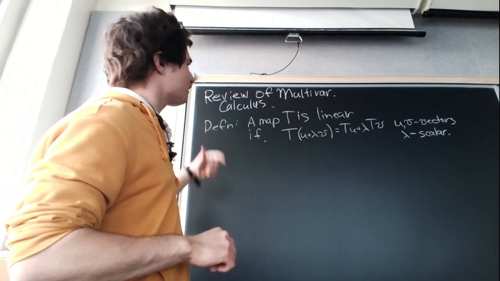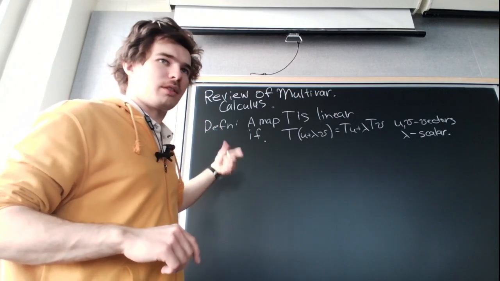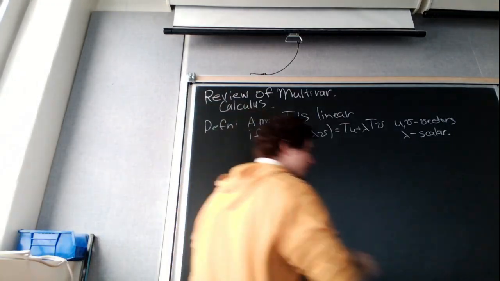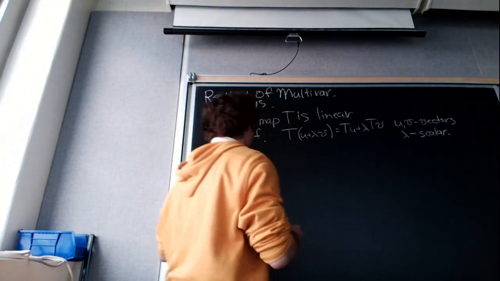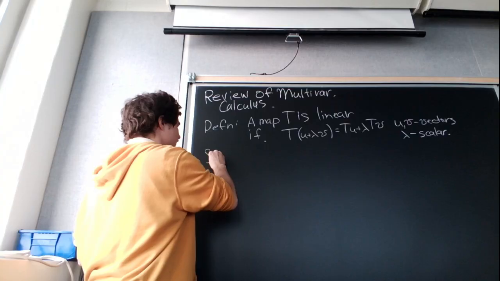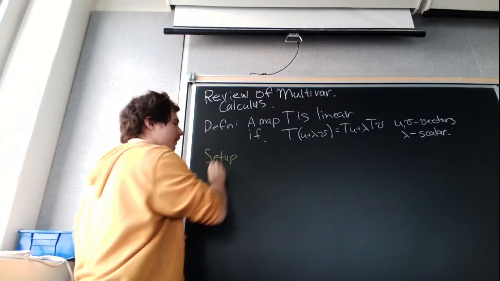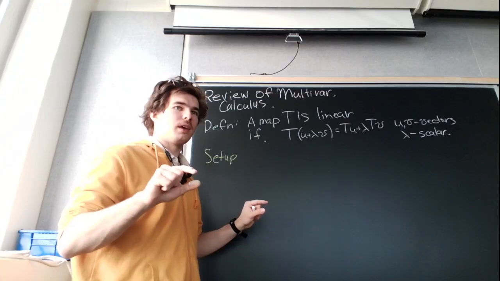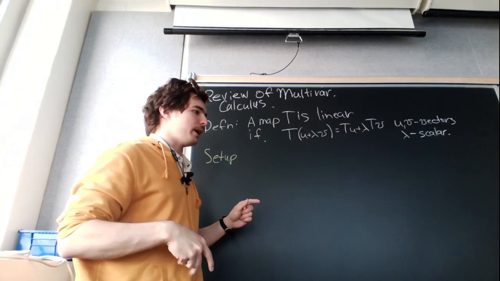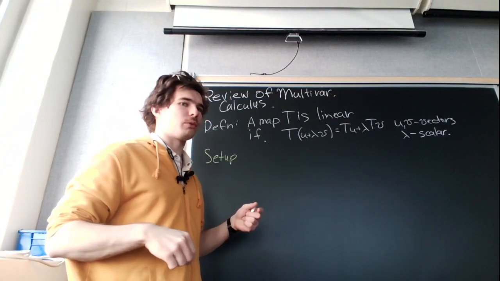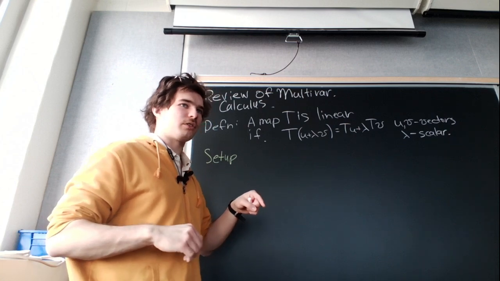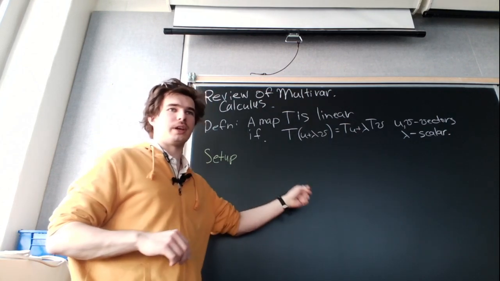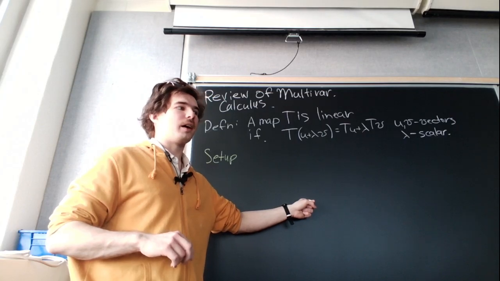Actually, sorry. Maybe I should say what we're going to try and do to begin with. What's the setup? Before, we have a very good understanding of how to do calculus in one dimension. In one dimension, we had functions going from R to R, from the real line to the real line. We understand how to do calculus on that.